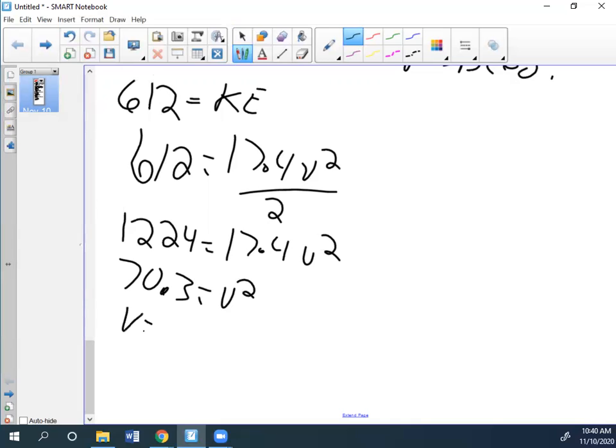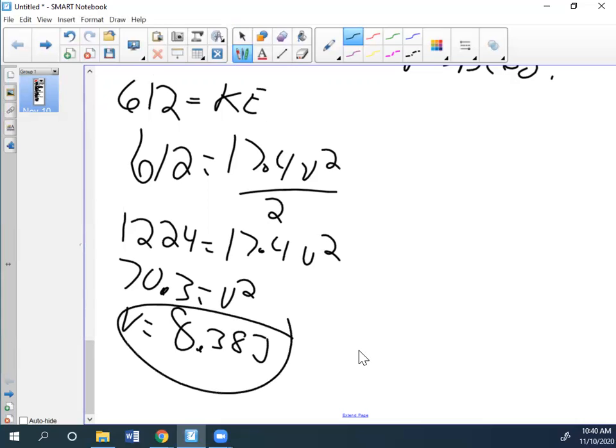What does v equal? About 8.38. That's it. Not that difficult.